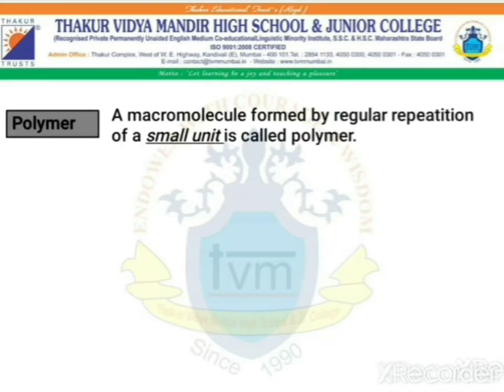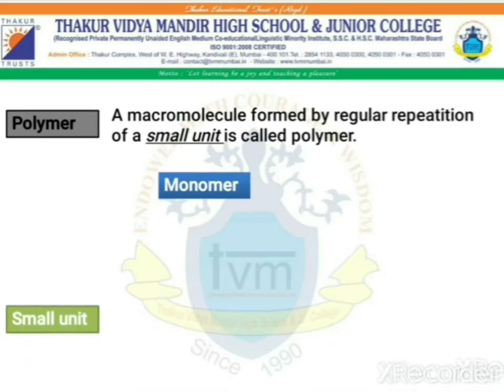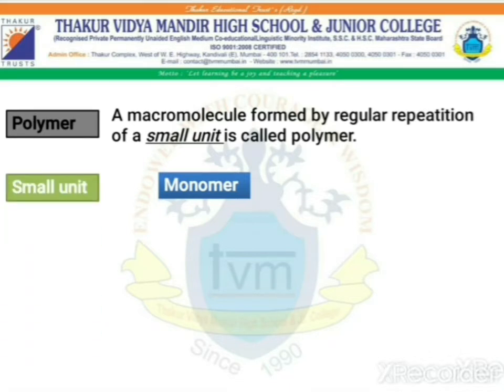So a polymer is basically a macromolecule, that is a large molecule which is formed by regular repetition of a small unit, and that small unit which forms a polymer is called a monomer. So a monomer is basically a small unit which combines and forms a polymer.